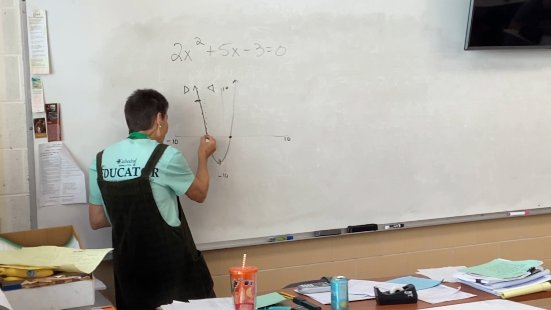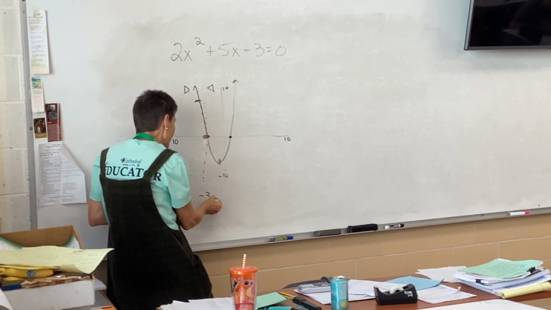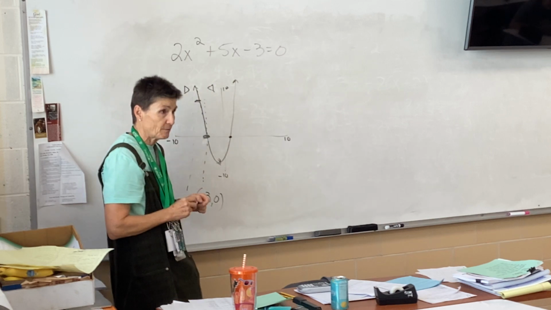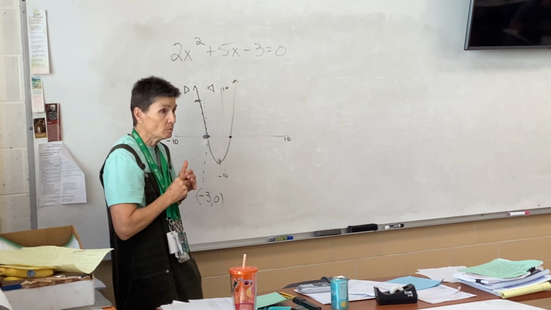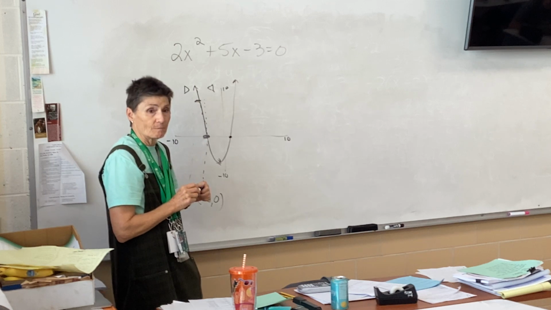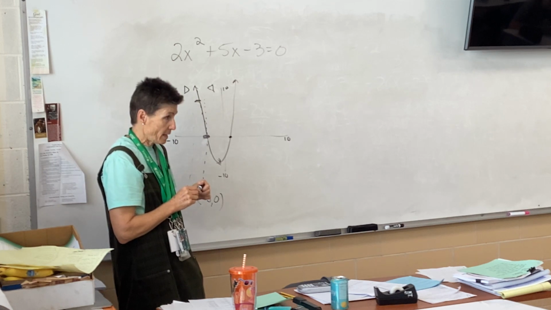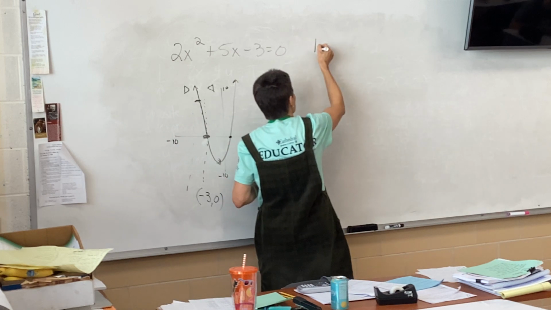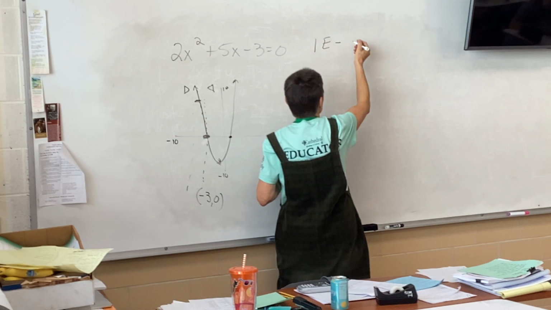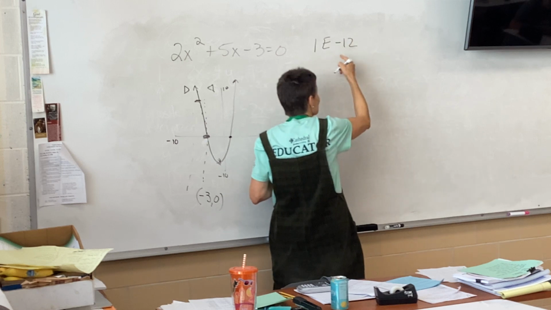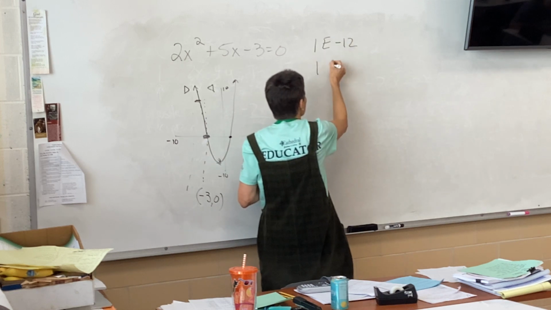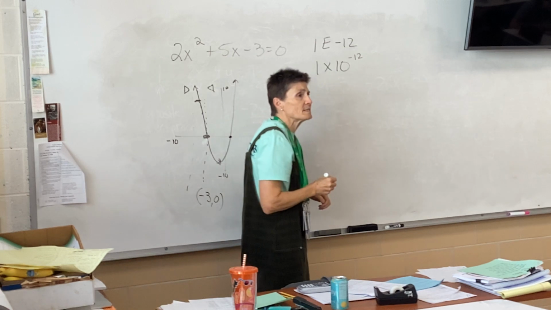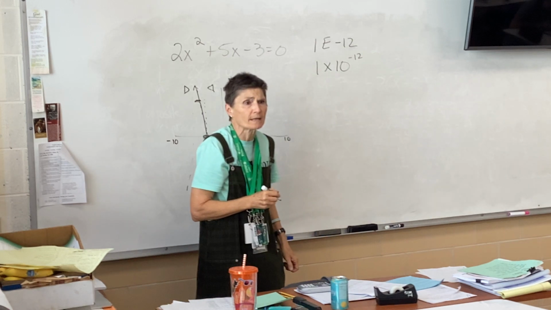It says that point is -3, 0. x is -3, y is 0. Mine says y equals 1e-12. That happens sometimes because the calculators round things off. So 1e to the negative 12. That is scientific notation. That means 1 times 10 to the -12th. What does 1 times 10 to the -12th look like?